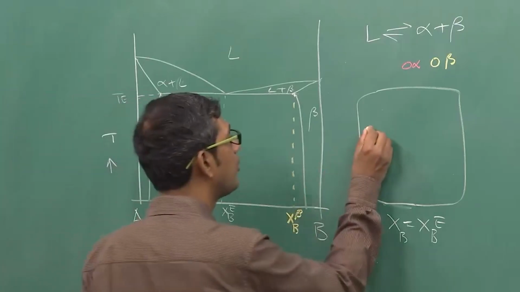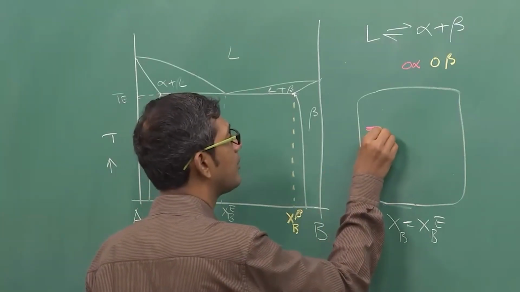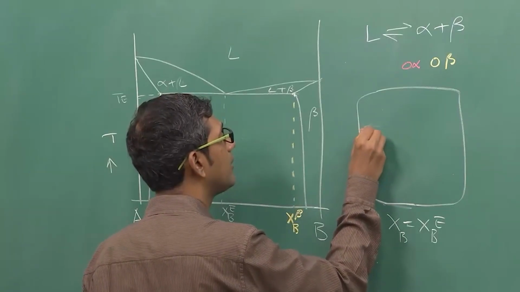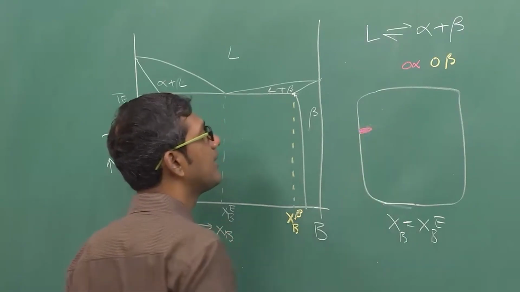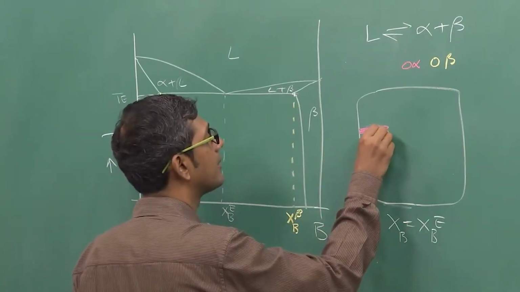So as the alpha grows like this, suppose alpha is growing like that, let us draw it from the boundary, that is better. Alpha grows, it rejects all B. So all B will be rejected here in front of that.